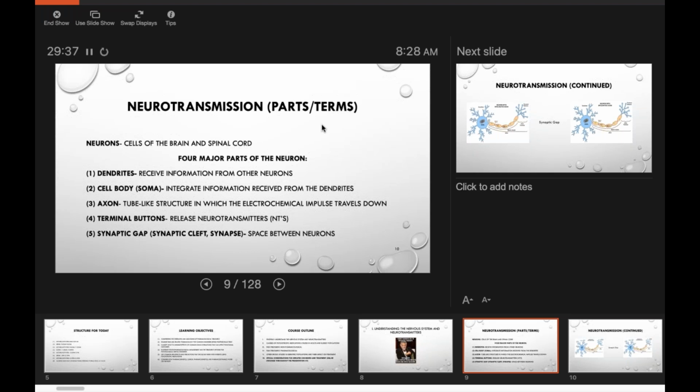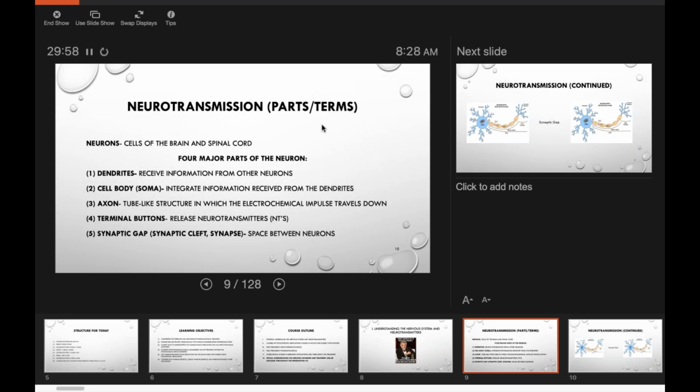Patty. If I come up to Patty and I say, okay, I'm going to give you my business card, you're going to reach out exactly how she just did with her finger-like projections, which are her dendrites, and she's going to take that information from me. She received it, right? That's how a dendrite works.